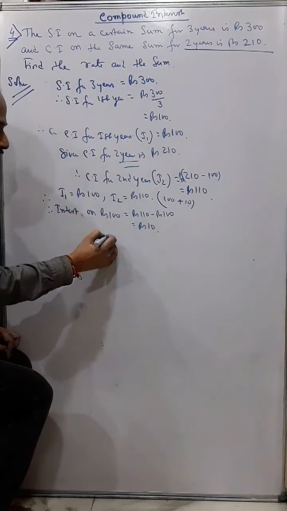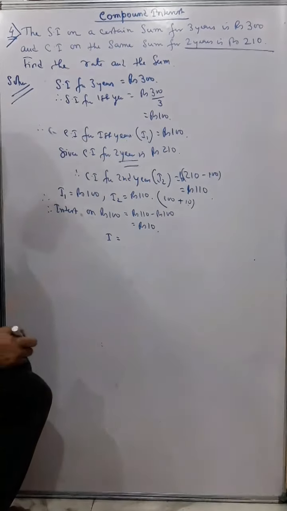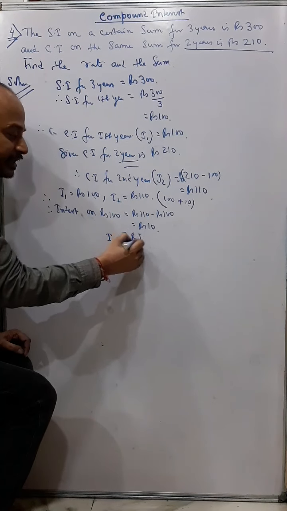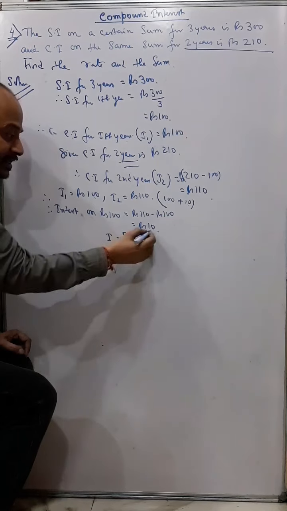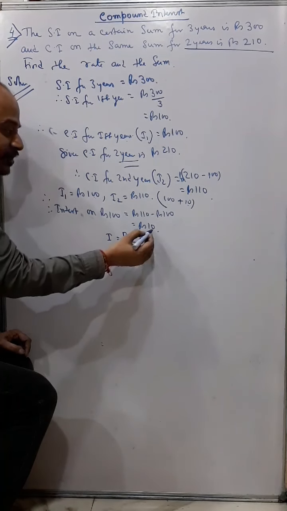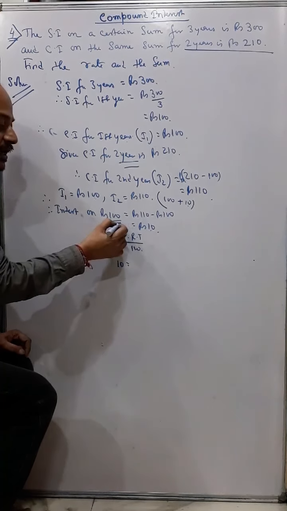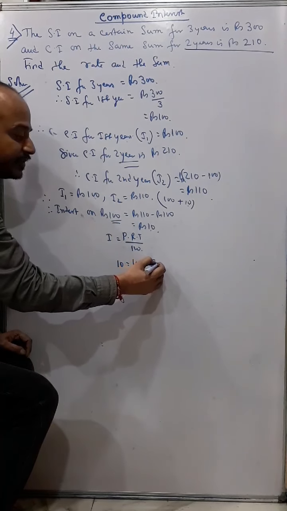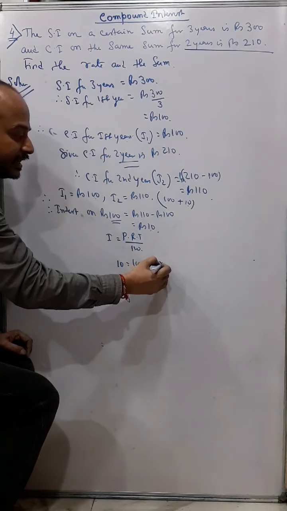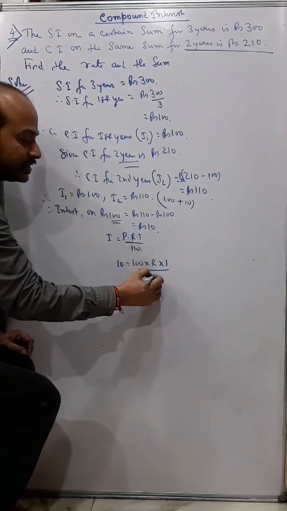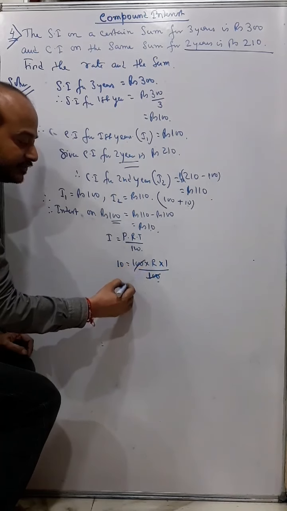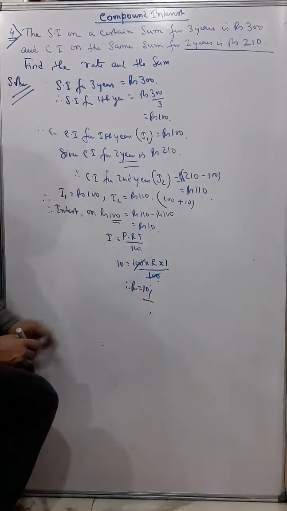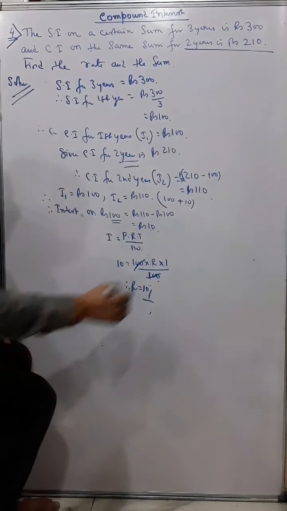With this relation I can get the rate, PRT by 100. Interest is how much? 10 rupees. 10 rupees interest is charged on how much? 100 rupees. So I will take principal as 100. Rate I have to find, and time is 1 by 100. So finally we are getting rate as 10%.